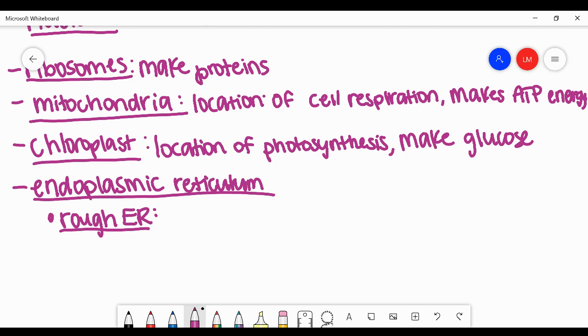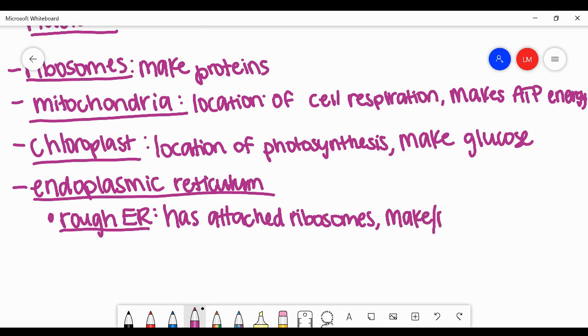But the rough ER has attached ribosomes. That's why it is rough. And its job is to make and modify proteins. So the large proteins or ones that need some extra modifications will be made here.